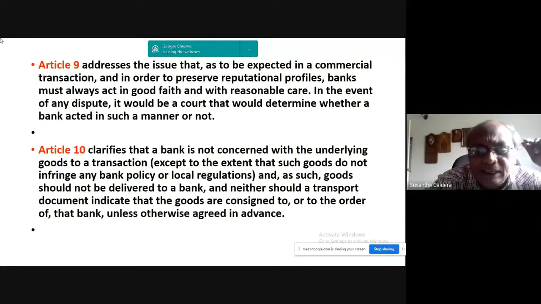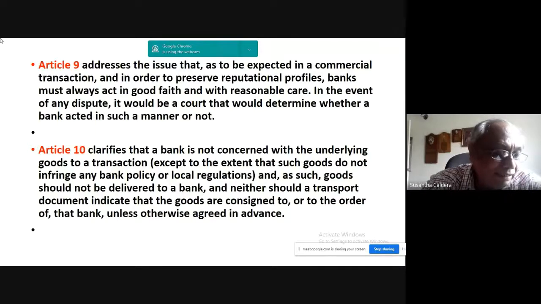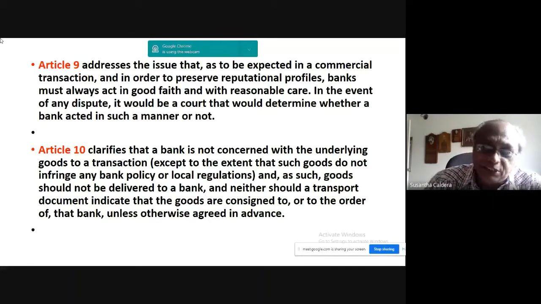Because the thing is, especially the remitting banks, when they are sending the documents to the collecting bank, they have to be careful that the transport document, BL, is not consigned to the collecting bank unless they have got prior approval. The reason is when you address the bank as a consignee, then the bank will get involved in this particular transaction.